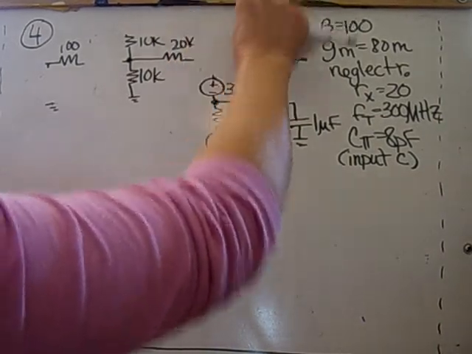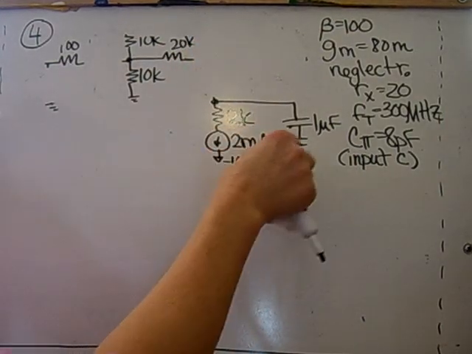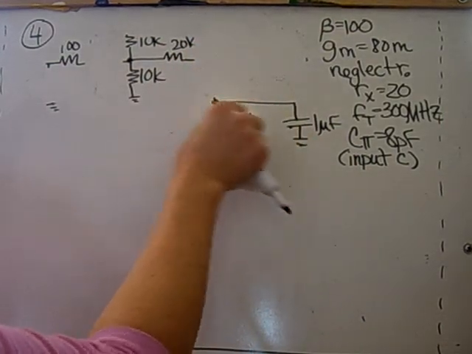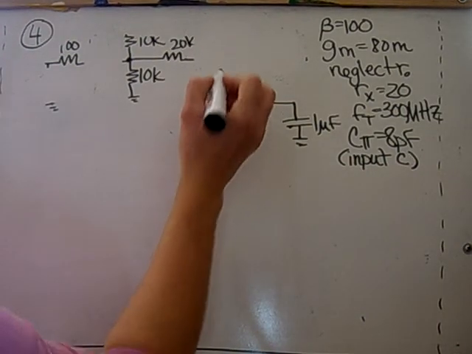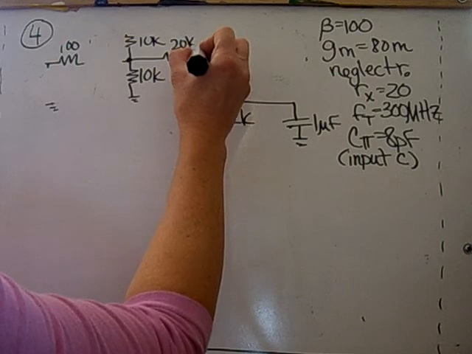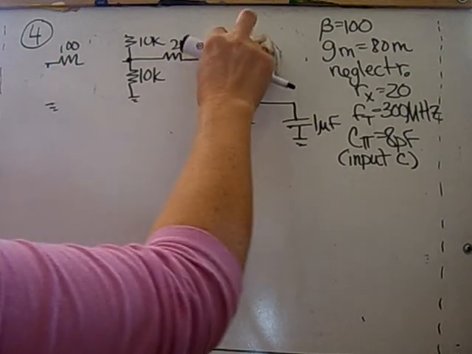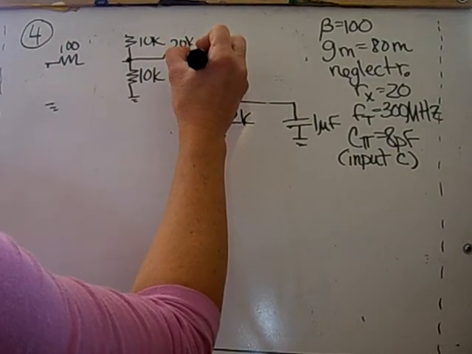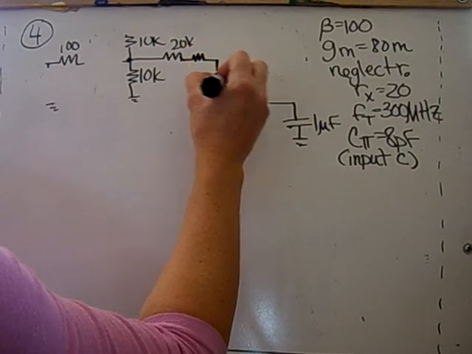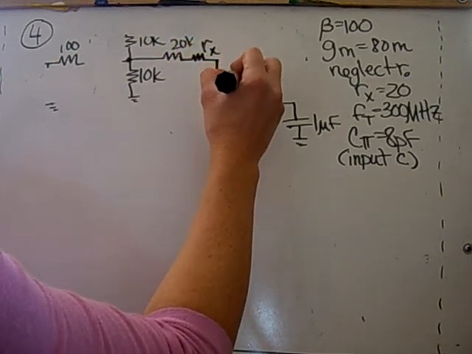And I'm going to draw the hybrid pi. So for the 2 milliamp source, it's a current source, so it is left as an open. This becomes a short, and I'm also going to include in here the parasitic effect of the resistance of the silicon, which is Rx, which is located here.